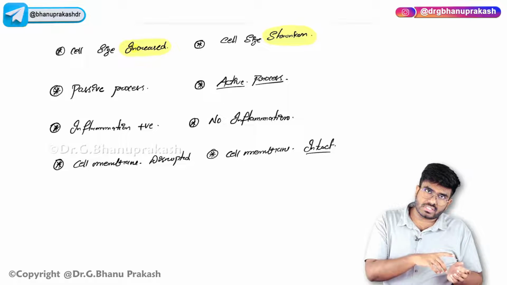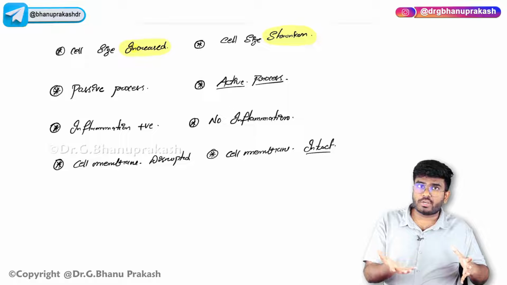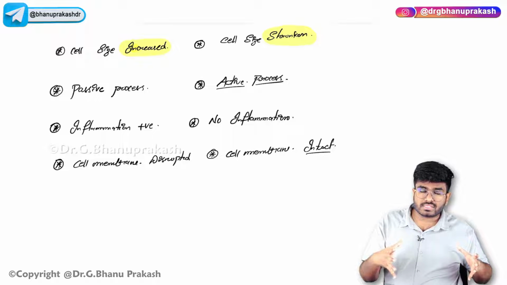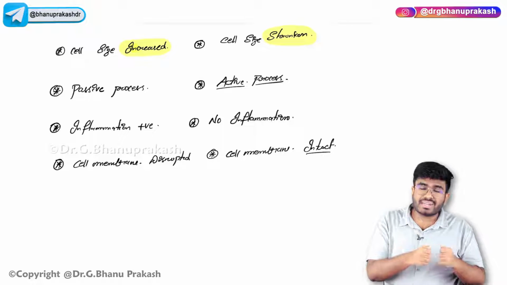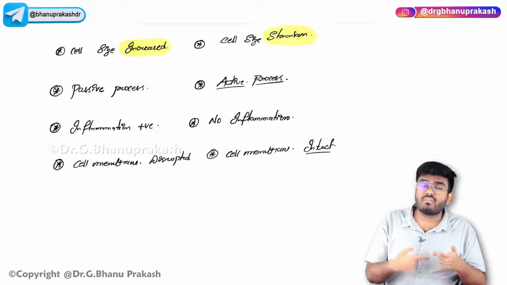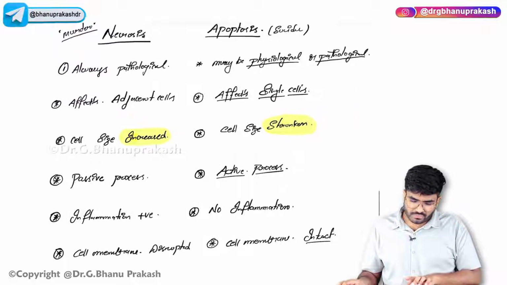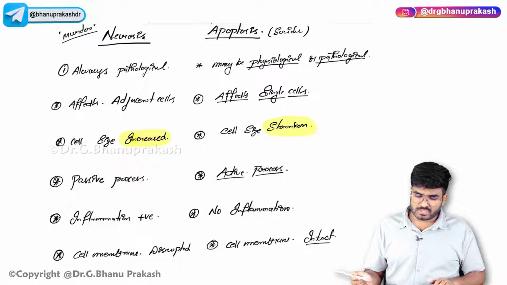In necrosis, there is swelling of the cells. Because of the hypoxia, there is swelling of the cells, the cell membrane gets damaged, myelin figures appear, irreversible damage can occur. After irreversible damage, necrosis. So these are the important differences between necrosis and apoptosis.